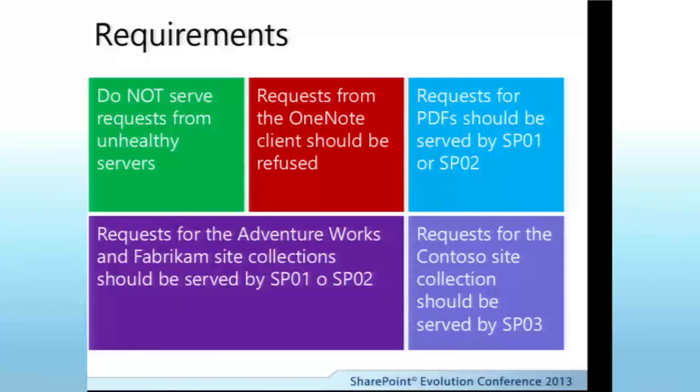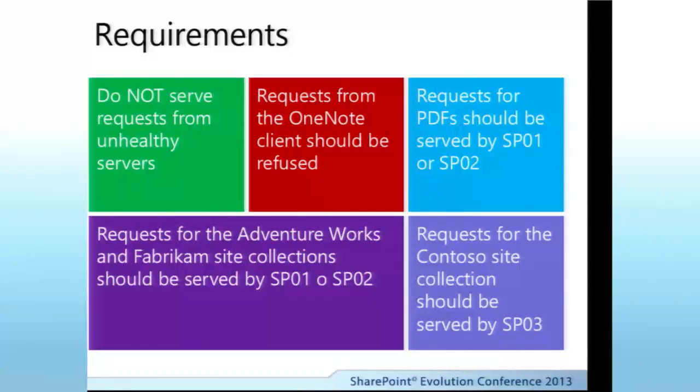And the reason for including Contoso in this demonstration is my PDFs actually live in the Contoso site collection. So if I configure my rules in the correct execution groups, then the PDF is going to be served by SPO1 or SPO2 because that rule has higher precedence than the Contoso site collection rule.